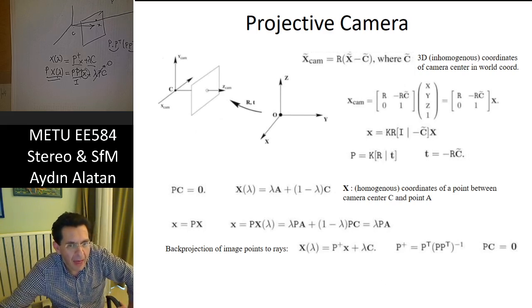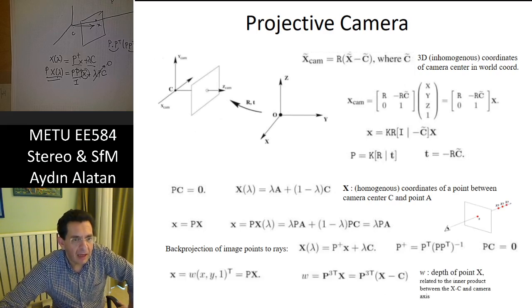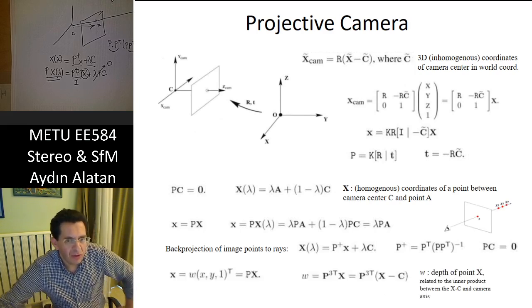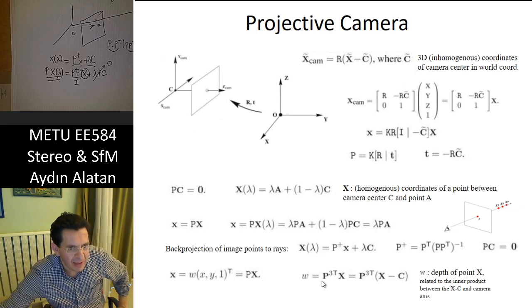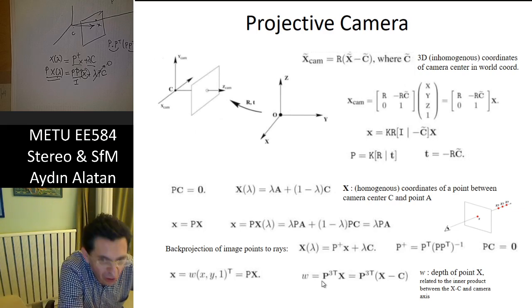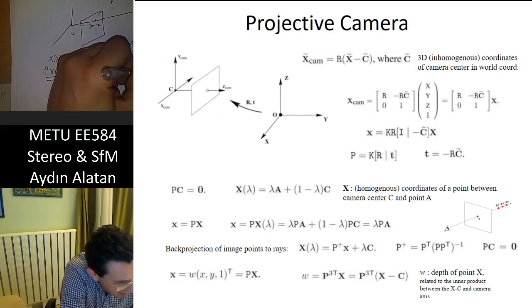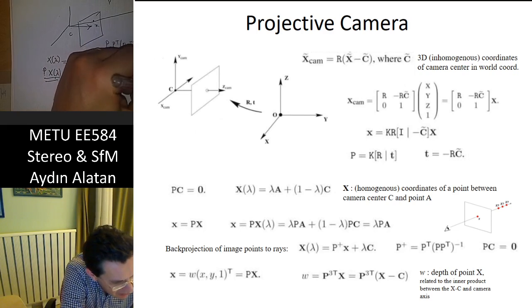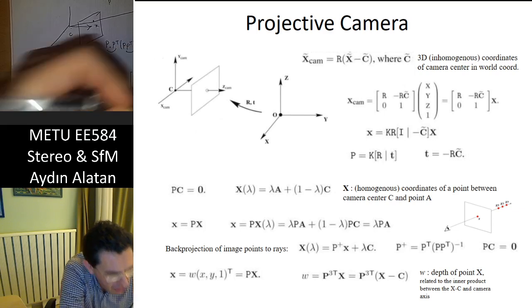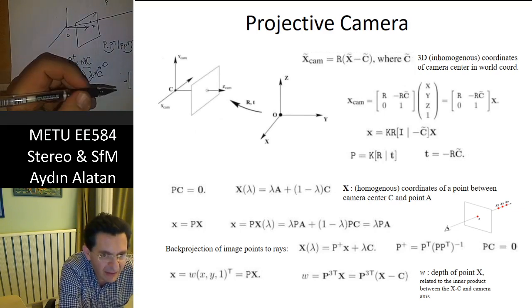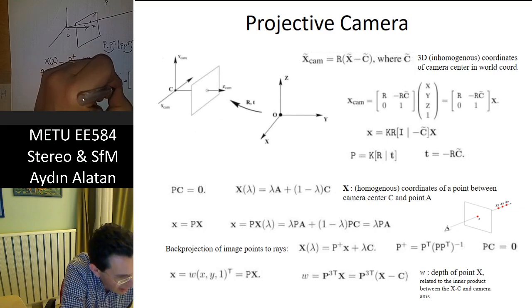Now, one little thing to note: this projection matrix consists of P1 transpose, P2 transpose, and P3 transpose. It is multiplied with your homogeneous X, and it gives you at the end x, y, and 1.